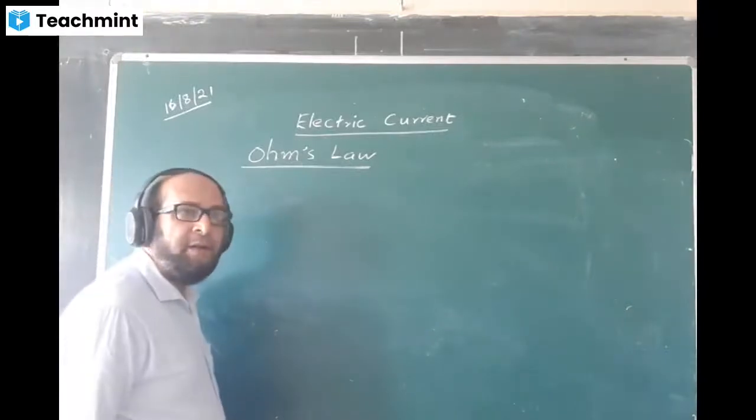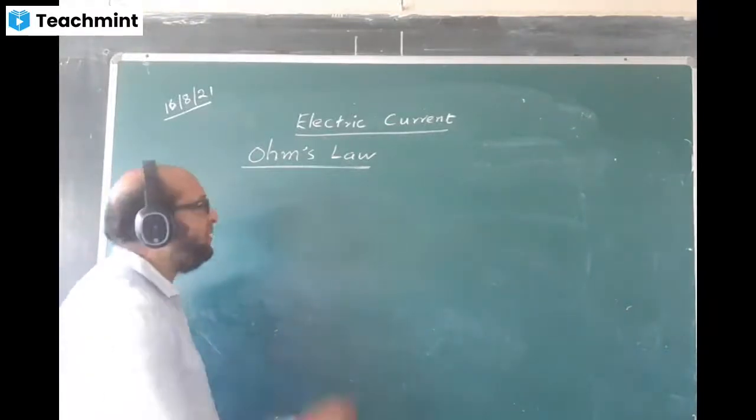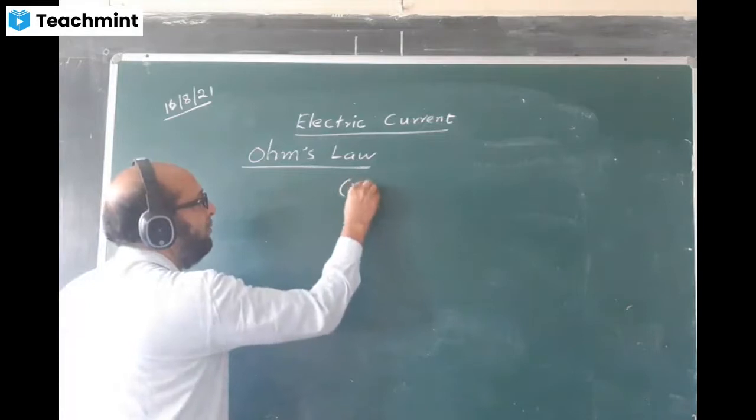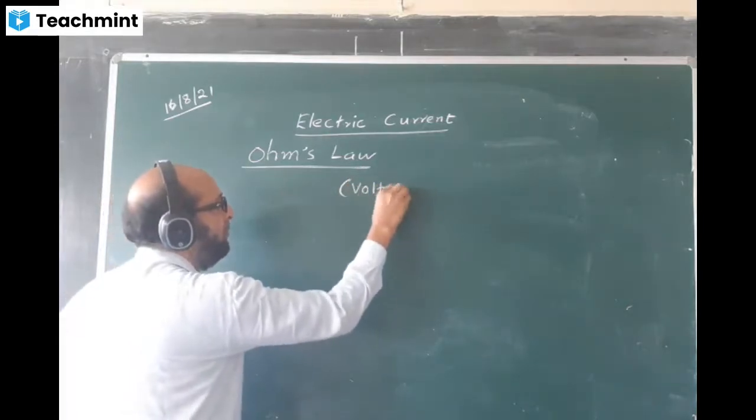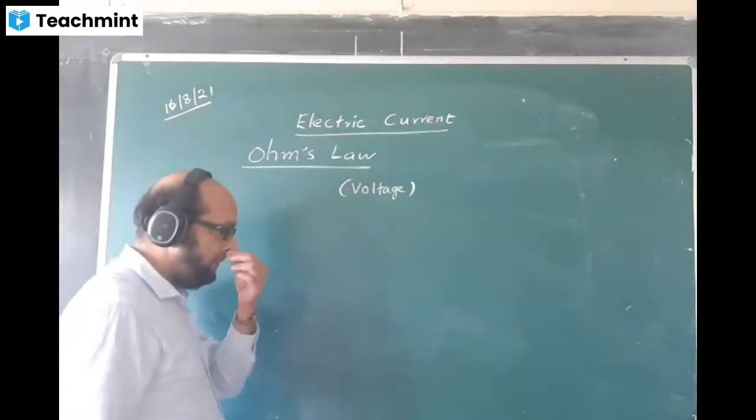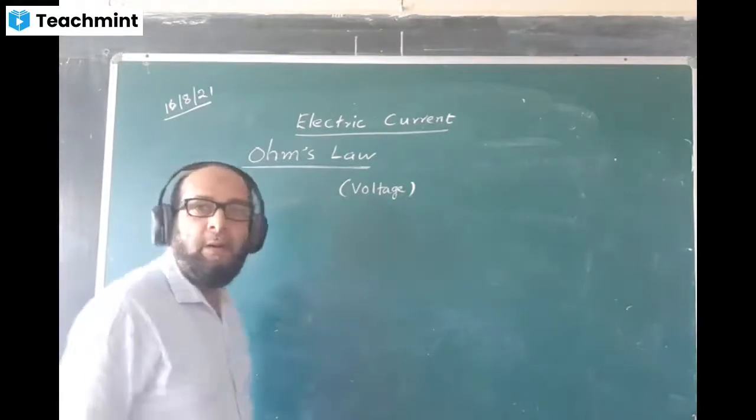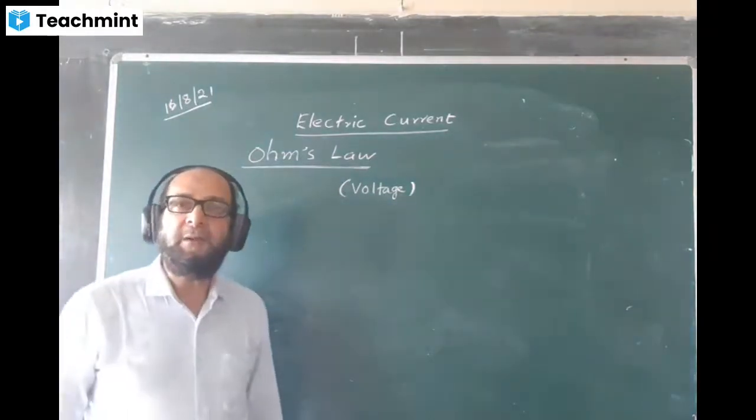Potential difference you can add in short PD. Under bracket, you write voltage, applied across its ends.